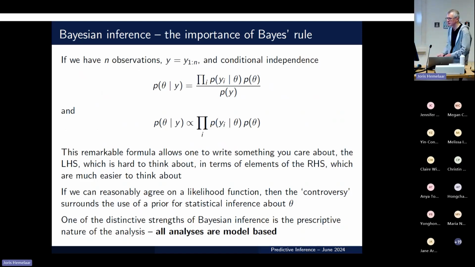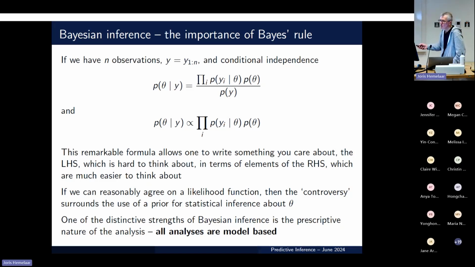Okay, so let's back out a little bit. We've got Bayes' rule. If we have n observations, a data set of size little n, we've got something called conditional independence, which means I can now write this posterior distribution as the product of each individual datum given the unknown parameter, times the prior. It's worth thinking about that.